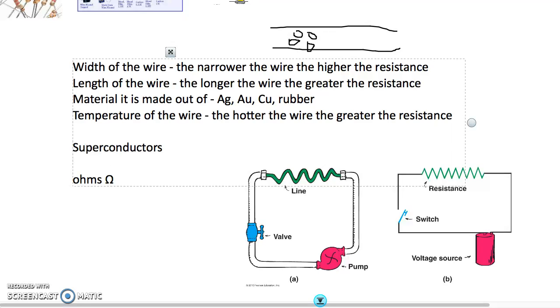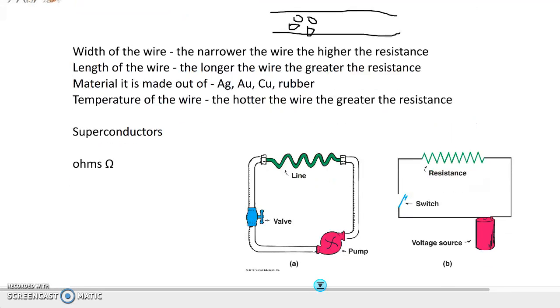Those are the three things that all affect each other, and ohms, for example, are called that because of Georg Simon Ohm, a German physicist in the 1820s, about 1826 or so. He came up with what we now call Ohm's law, which was just a relationship between these three things, which we've already kind of talked about.